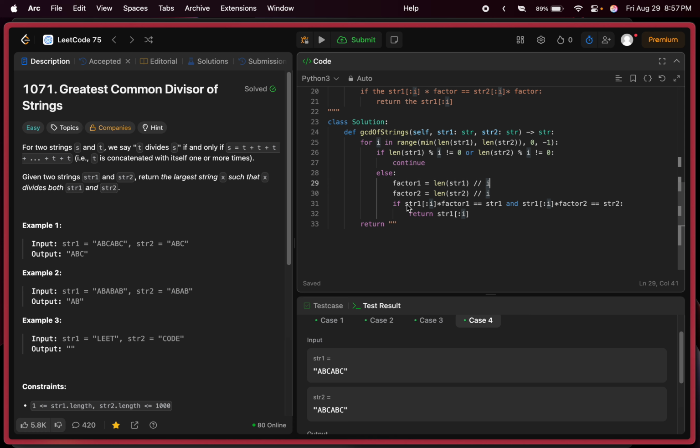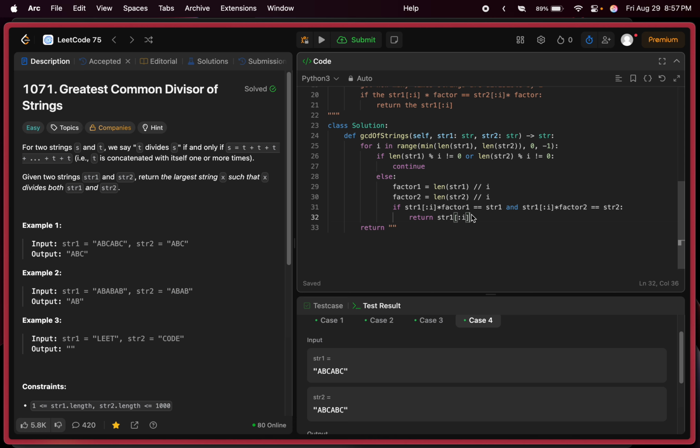You could use string 1 here or string 2, it doesn't really matter, because at that point they should be the same thing. We see if it gives us the inputted string 1 and string 2. If it does, then since we're starting from the end and going down, we immediately know that this is the greatest common divisor between the strings.